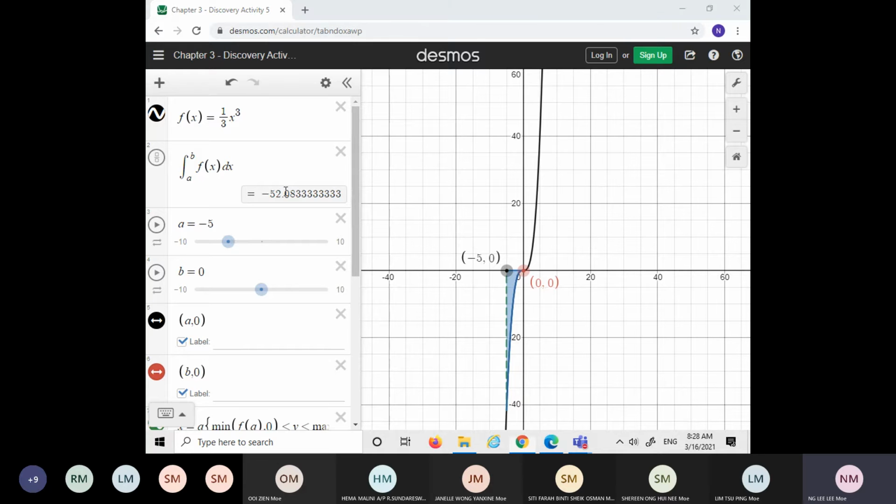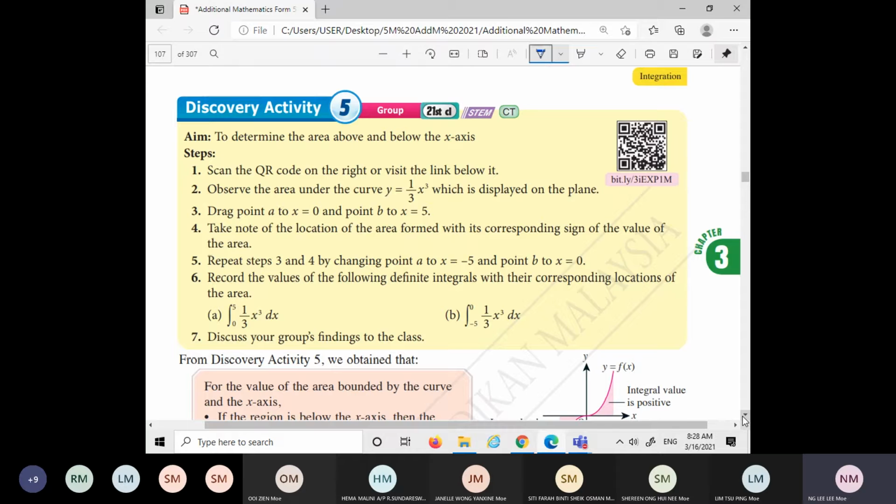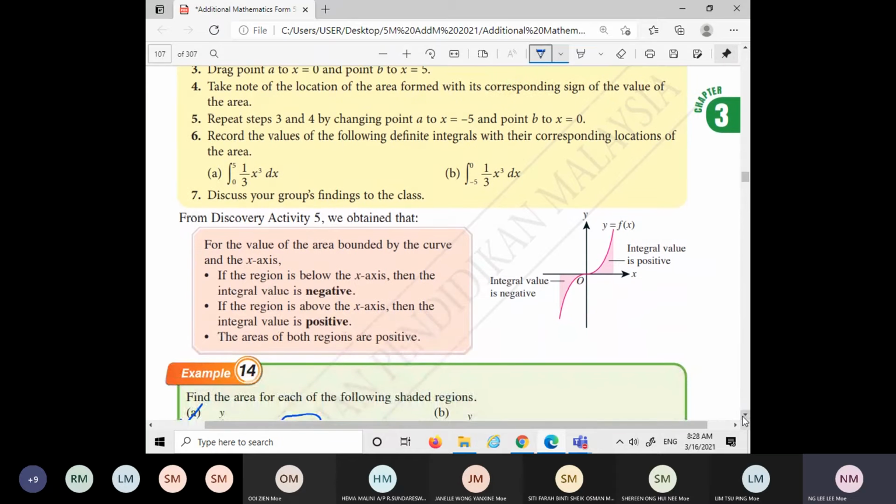So we come back here. We look at these conclusions. This is very important; you should write it in your notes. Integral value is positive, integral value is negative. Copy this into your book too. For the value of the area bounded by the curve and the x-axis, if the region is below the x-axis, then the integral value is negative.